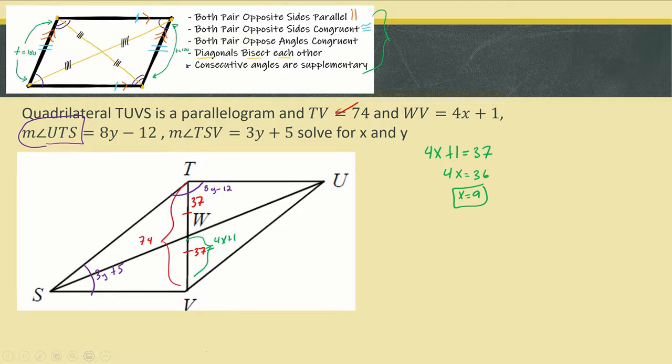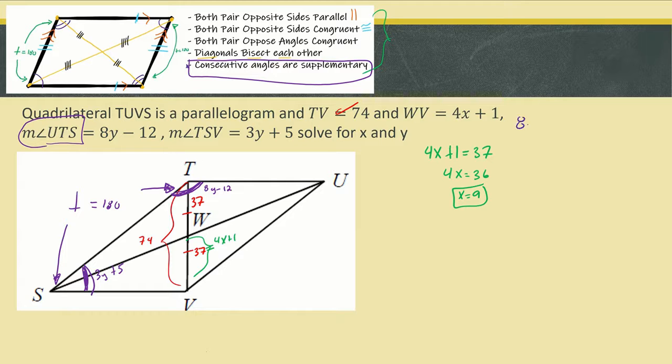And so we're going to use the fact that these angles are consecutive angles, which means that they're supplementary. And so that means that this entire angle plus this entire angle here, when we add them together, should add up to 180 degrees. And so that's how I'm going to start with my equation.